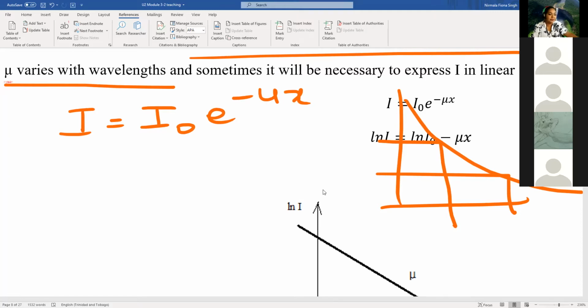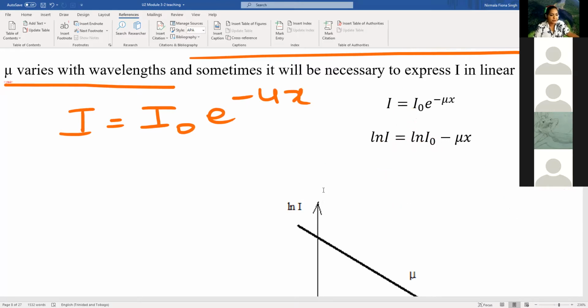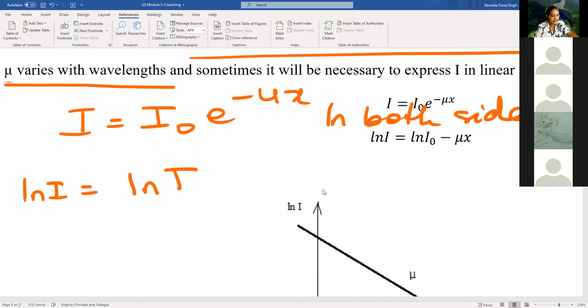And what is the reverse of natural log e? We take ln, right? Ln is the reverse of natural log e. So you take ln on both sides, so you're going to get ln I is equal to ln of I naught e to the minus mu x.